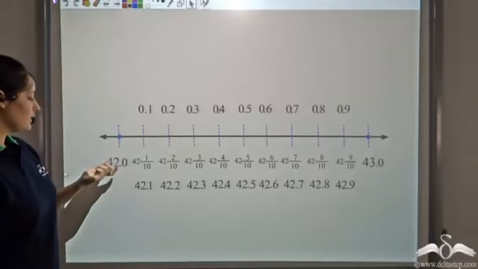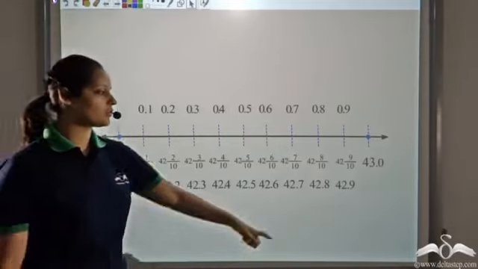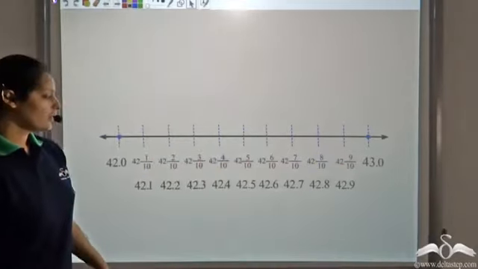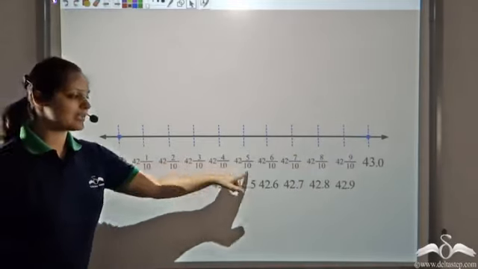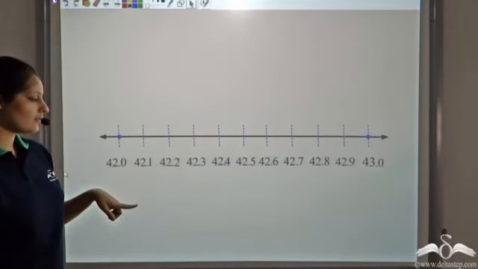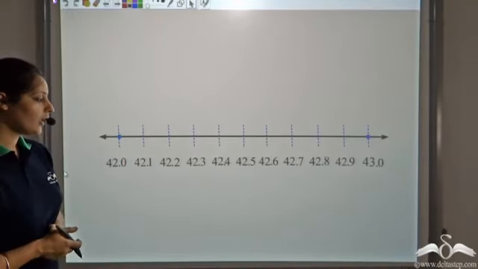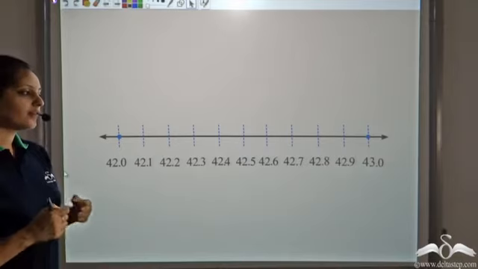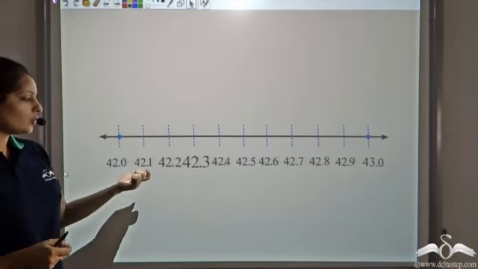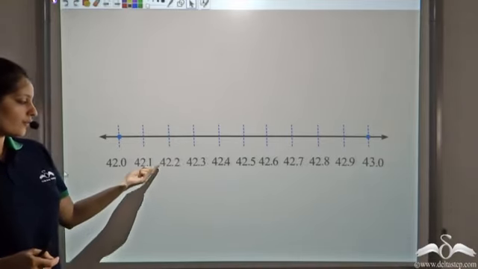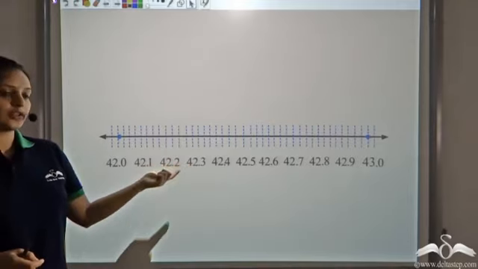Now, these integers are 42.0 and 43.0. Now I can replace all these mixed numbers by decimal numbers, which have one digit after the decimal. Now the question is, can I further find a number between any two consecutive decimal numbers, say 42.3, 42.4?